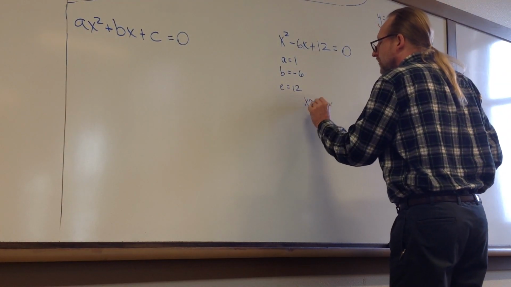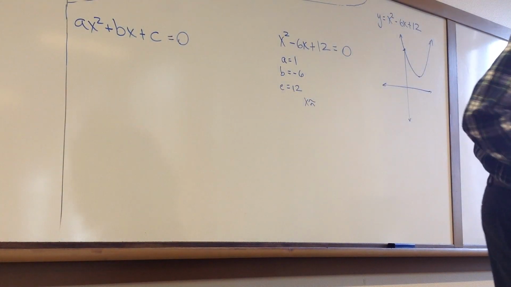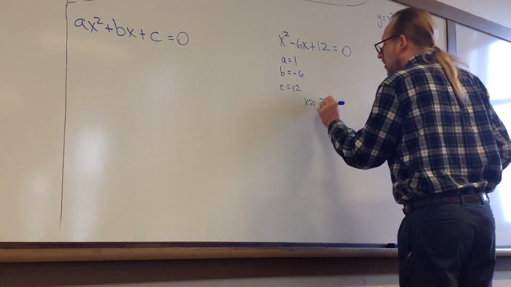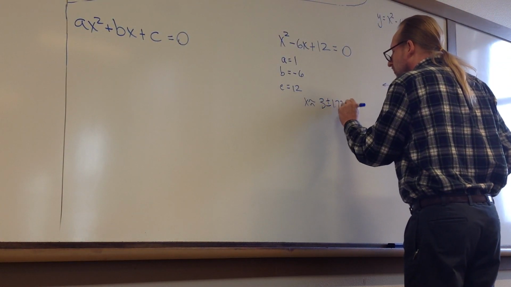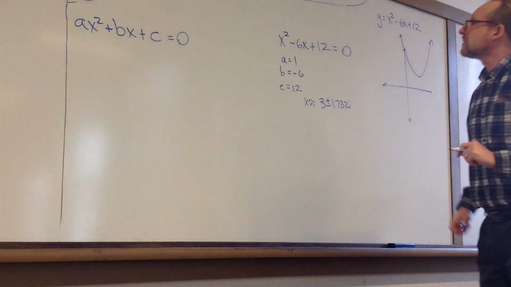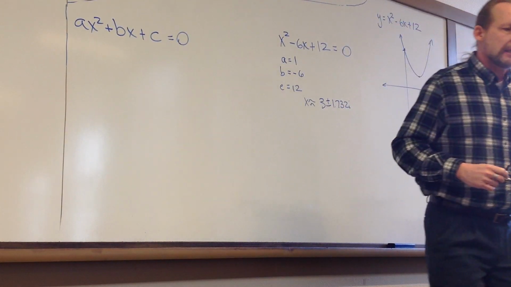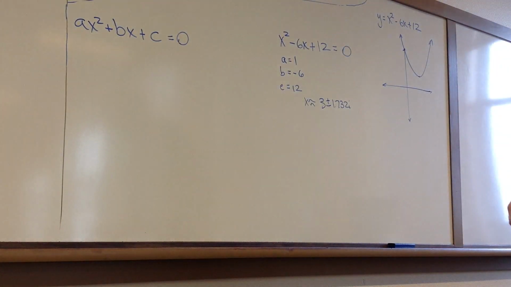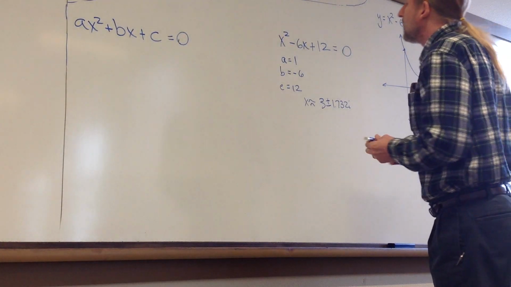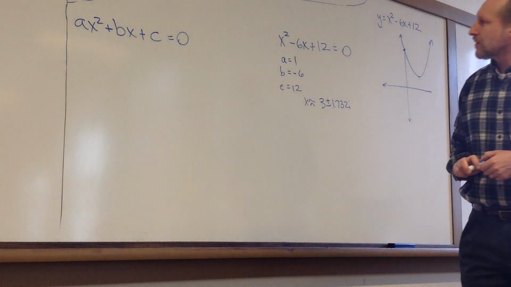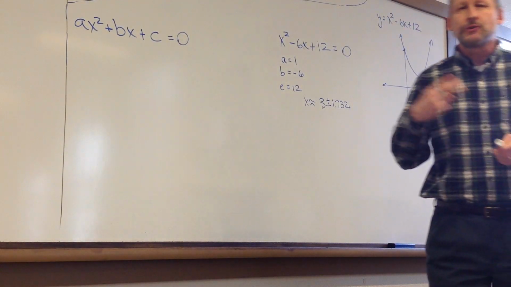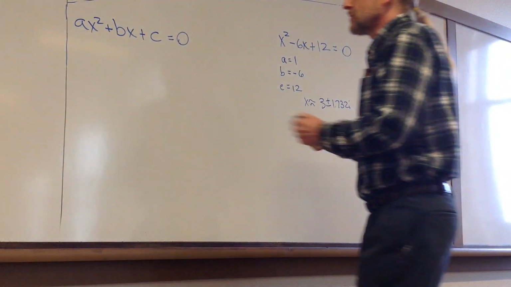So x is approximately 3 plus or minus 1.732i. Okay, so that's sort of the setup for this section 1.5. You can have quadratic equations that have 2 real valued answers, right?